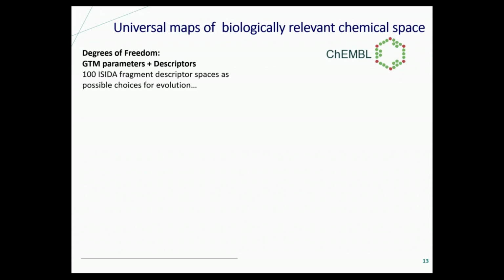So we used fragment descriptors. Our ISIDA fragmentation tool supports many possible fragmentation schemes. It basically can emulate all the Morgan and ECFPs and even other more exotic fragmentation schemes.